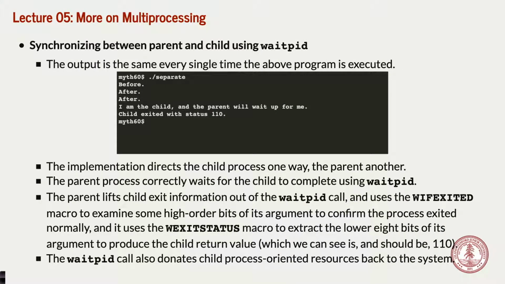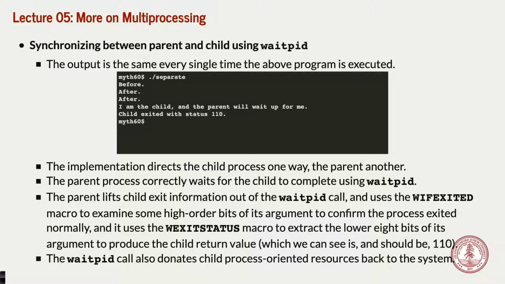So we've seen this. You've got WIFEXITED, which examines some bits of the status and tells you whether or not it exited correctly. And then WEXITSTATUS tells you the return value of the child. Here's the other key part.